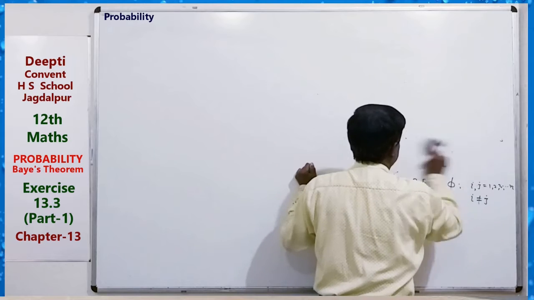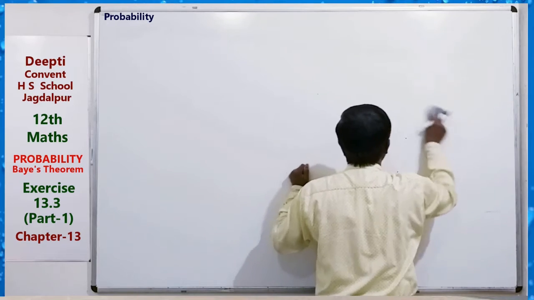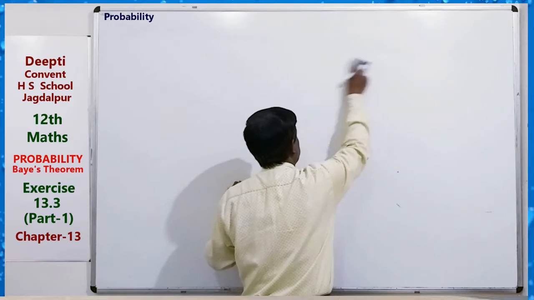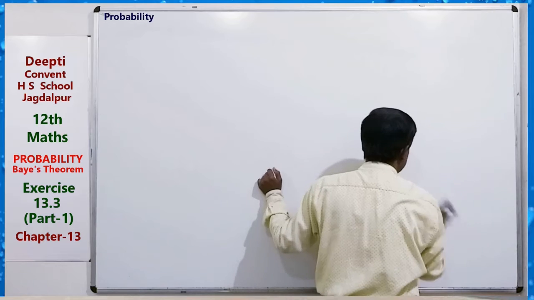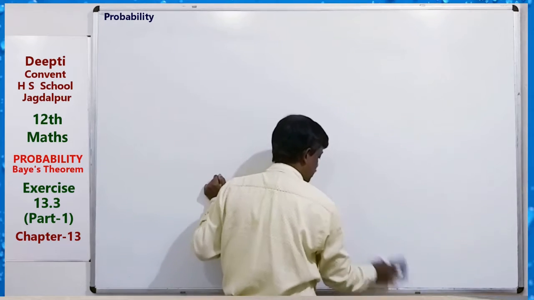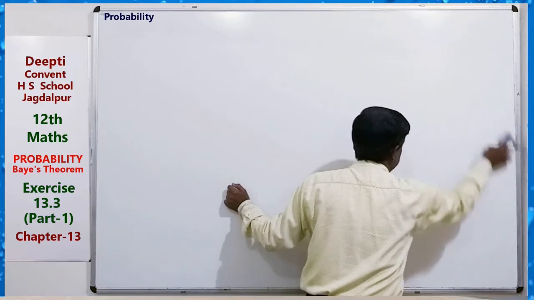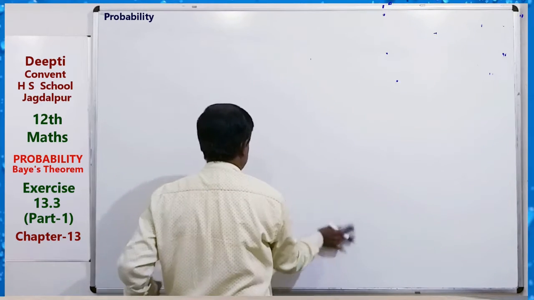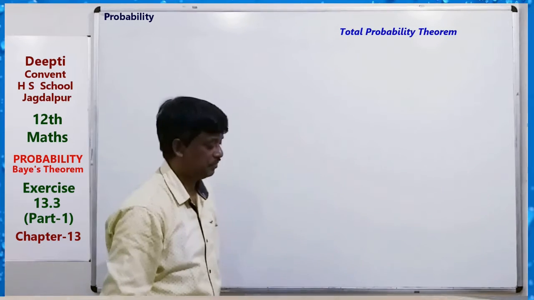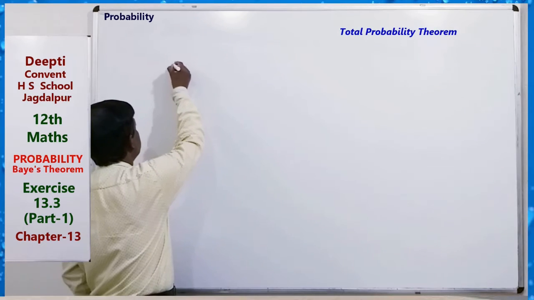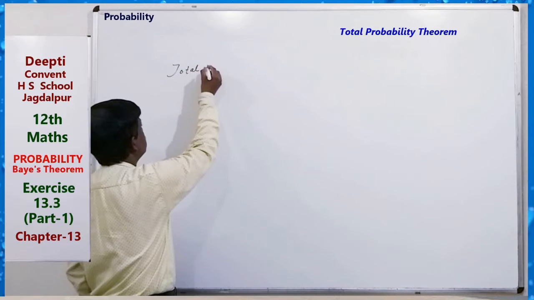Take a partition of the sample space corresponding to some random experiment, and then we can define the probability of any event in terms of conditional probability.